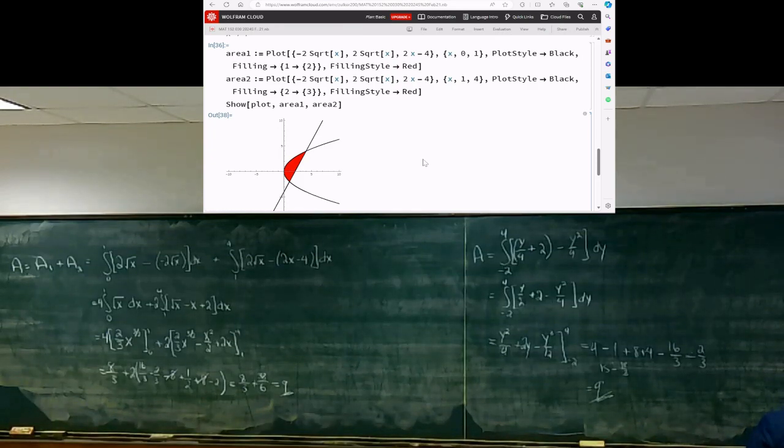So this problem has 2 purposes. The first one was to show you have to be careful because you may wind up having multiple regions that you have to set up. The other purpose is to show you that it might be easier to go with respect to y instead.